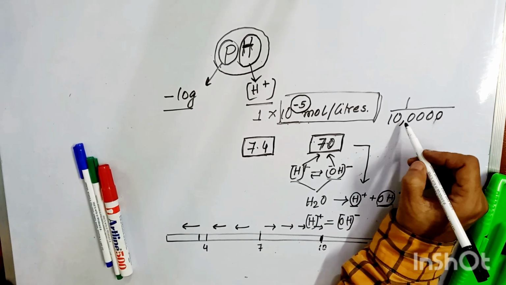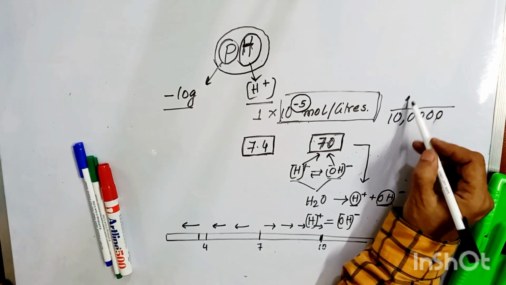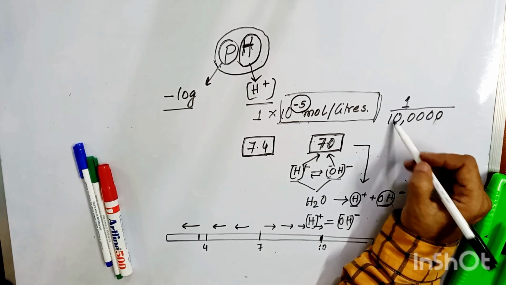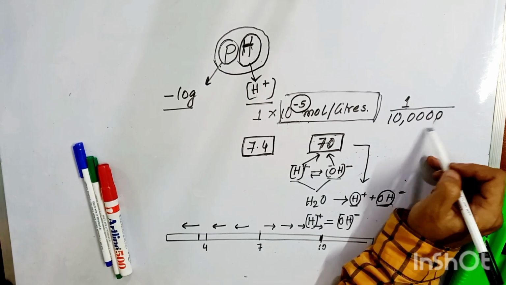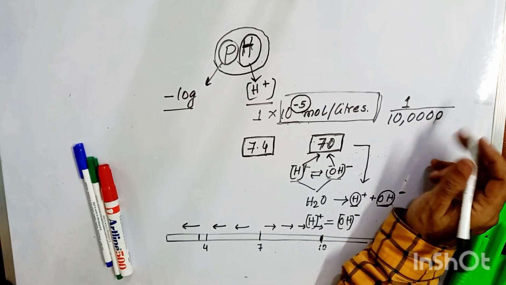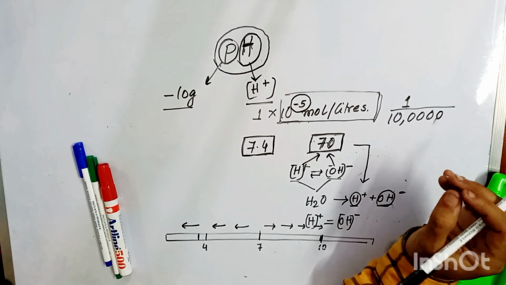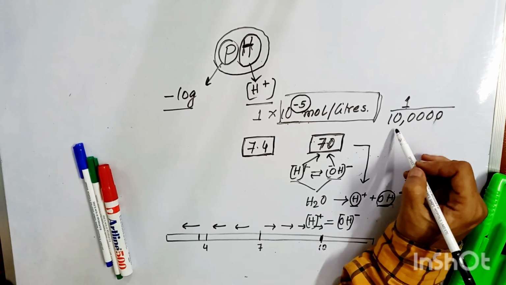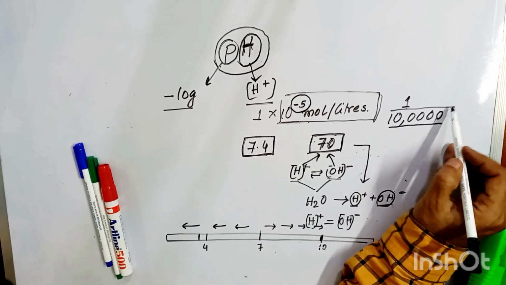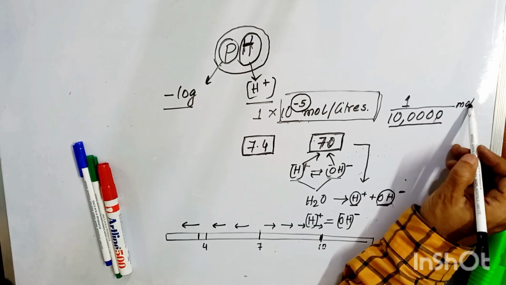So it's just a fraction of 1 by 10 to the power minus 5 moles of hydrogen in 1 liter.